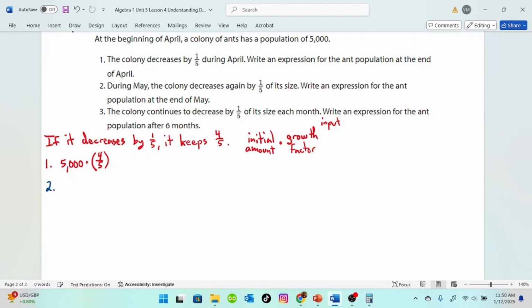Number 2. During May, the colony decreases again by 1/5 of its size. Write an expression for the ant population at the end of May.